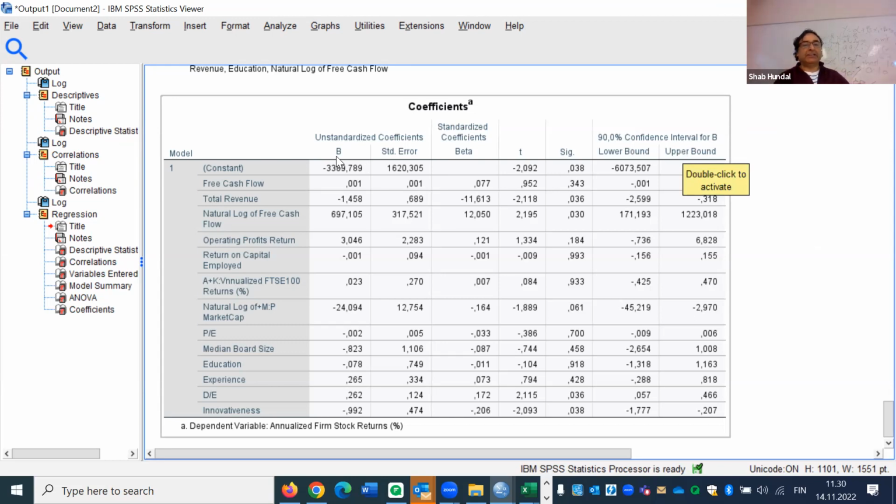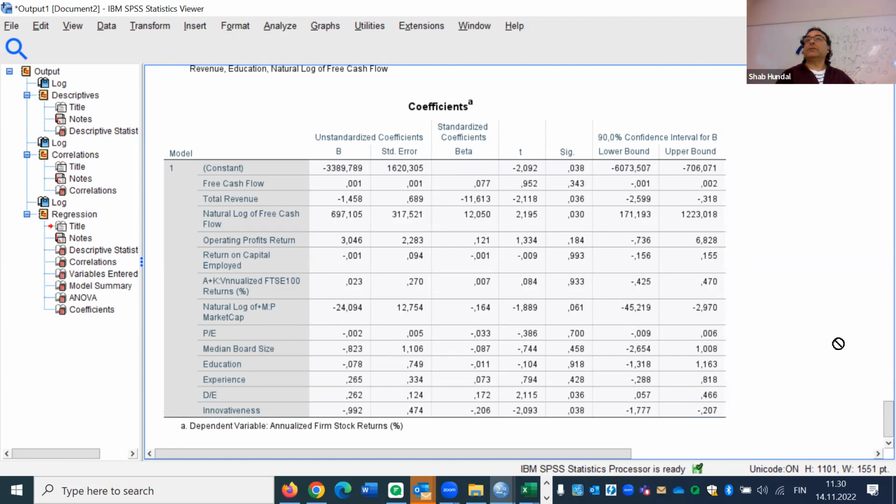First, this beta. The second thing I would see is T value. And the third thing, I would say that I will not even see the T value. Only two things I would see, the beta and the significance level. Beta and significance level. Okay.